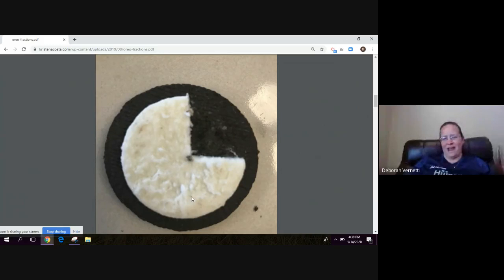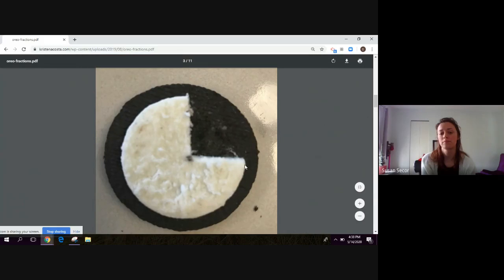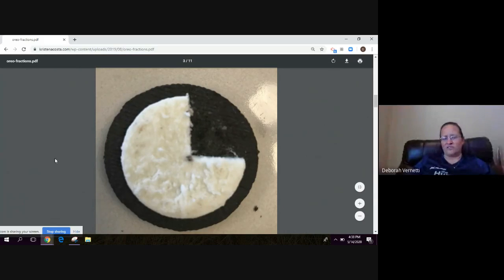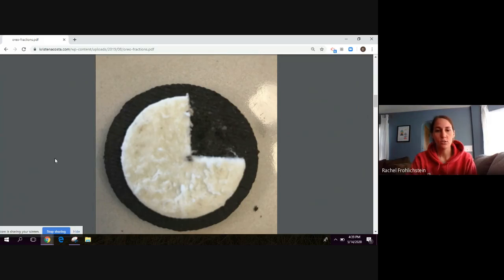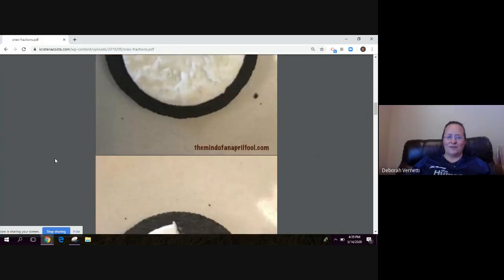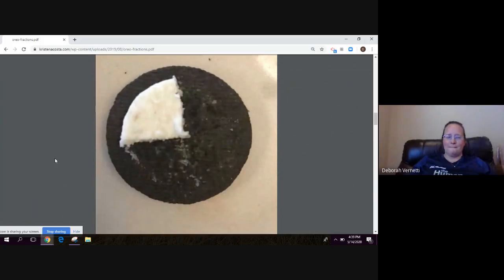Does that mean that 1/2 plus another fourth is the same thing as 3/4? Yes, I do believe so, because if you look at that 1/4 that's missing and try to mirror it on the other side, you could cut this into 4 equal slices. And if one of those is missing, that would mean 3 of those fourths are left behind. I like it.